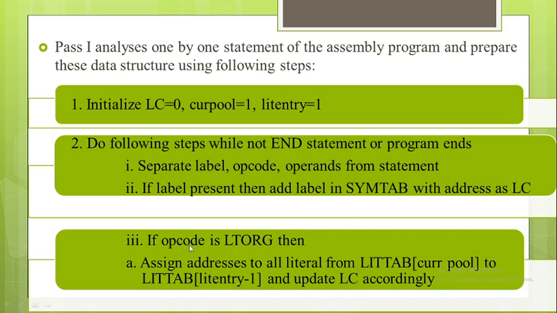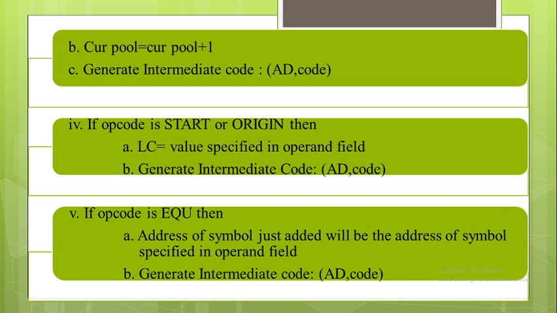If the opcode is LTORG, then it is going to assign the addresses to all literals from the literal table up to literal entry minus 1, and it is going to update the location counter accordingly. The current pool will get the new value of current pool plus 1, and it will generate the intermediate code as assembler directive and the code.